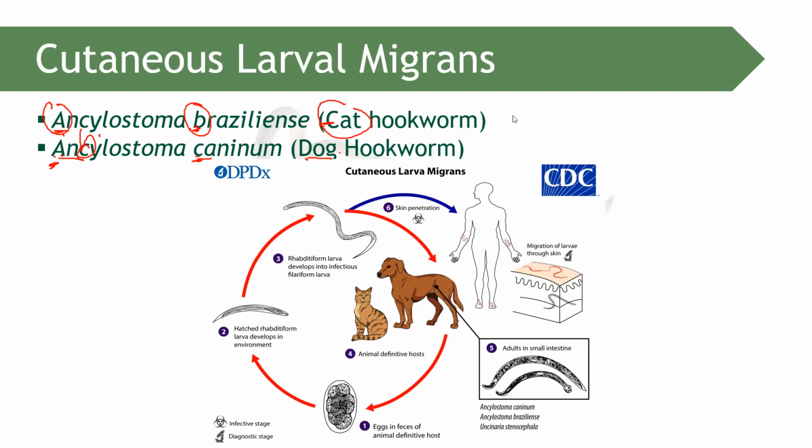The C became B. That's how you are, right? During exams, when there's no erasure, you find a way to turn the C into B or A. Okay? ABC, Ancylostoma braziliense, cat. A, C, D, Ancylostoma caninum, dog. Hookworm. Take note, guys, that these hookworms are capable of what we call cutaneous larval migrans.